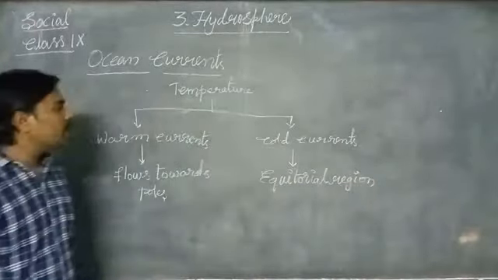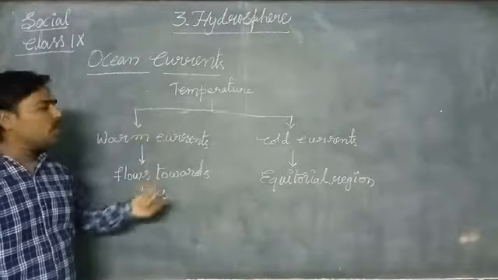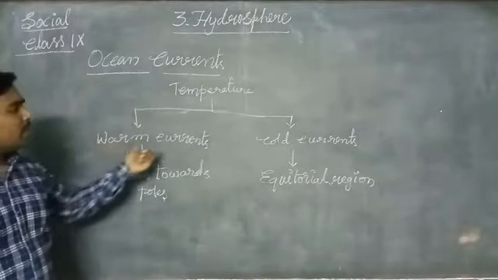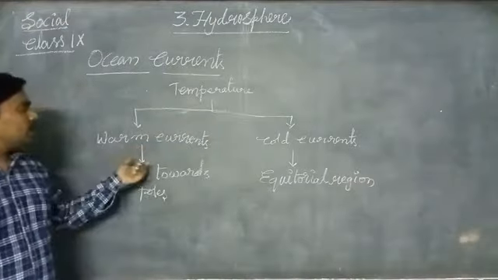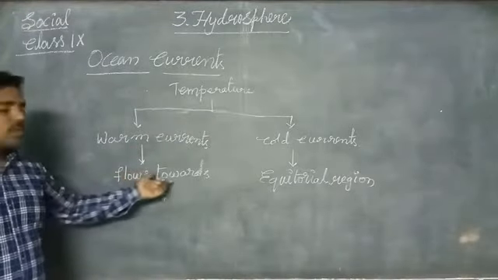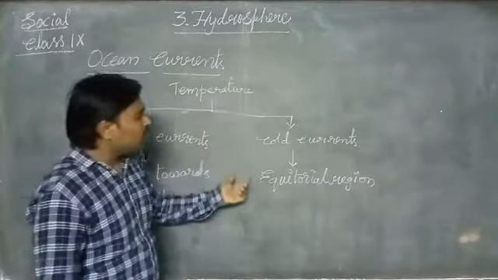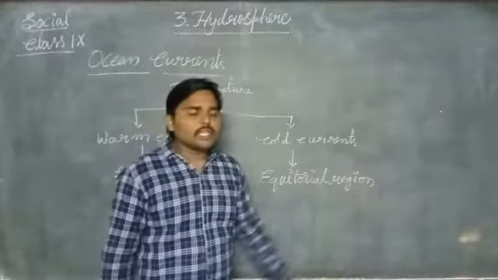Based on temperature, the ocean currents are categorized into two types, warm currents and cold currents.